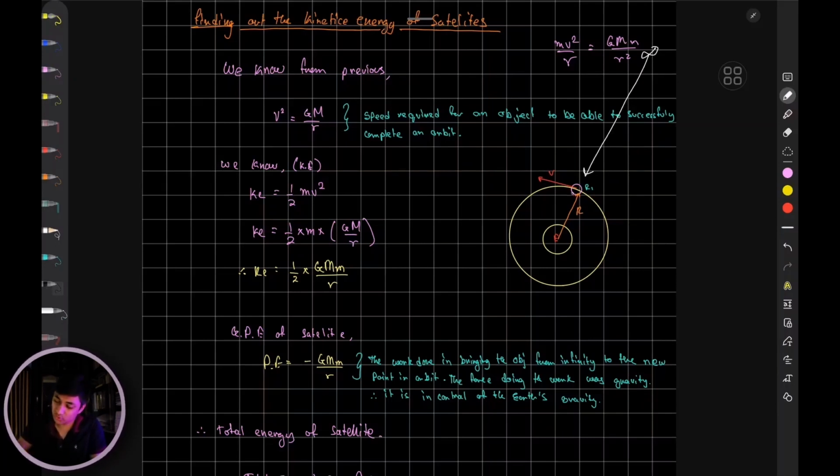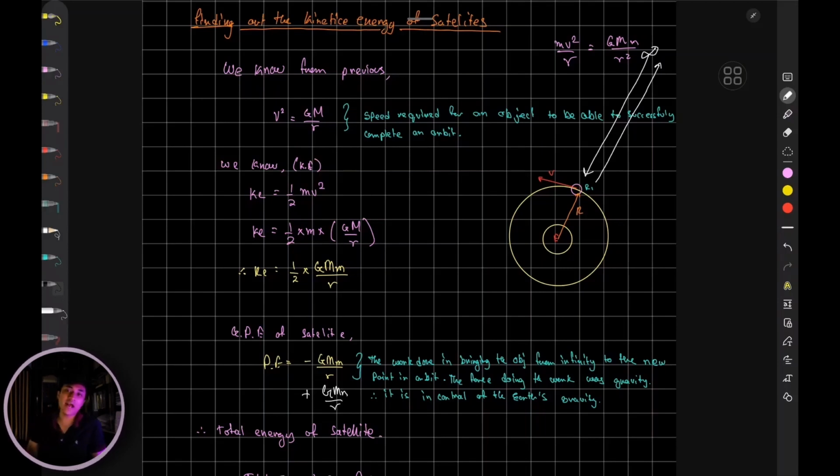From infinity to this point, I needed minus GMm by r worth of work done to bring it to over here. Therefore, if I want to do the opposite and take it from this orbit, or from this position near the Earth, to infinity, I need to provide positive GMm by r.